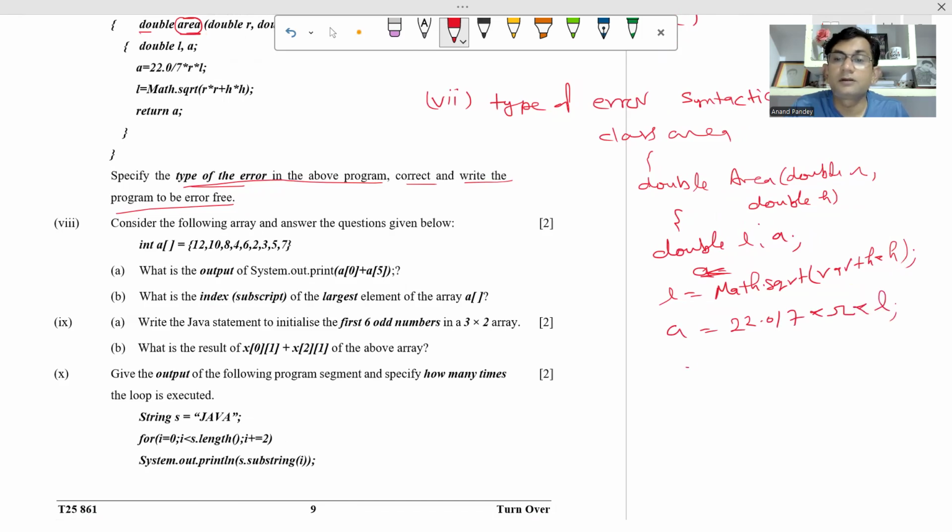Okay, then return, function close, class close. And then after writing this, highlight the changes, underline the changes with black ink or whatever other color ink, and mention what changes you have done.